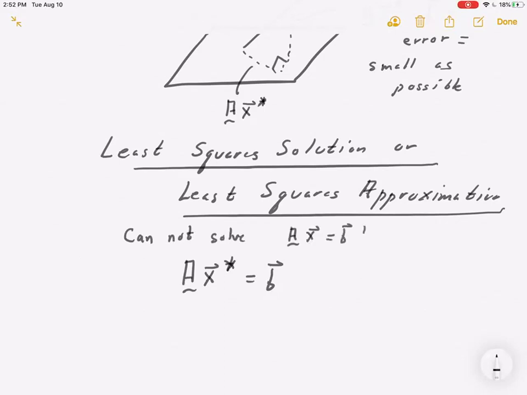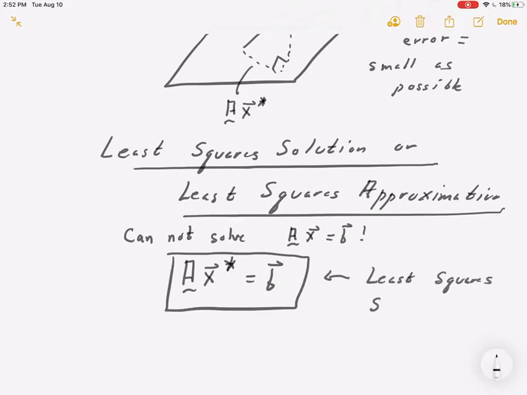There's no solution to that. But we can solve this equation, and we can find the least squares solution. Why we call it least squares, we'll talk about that momentarily.